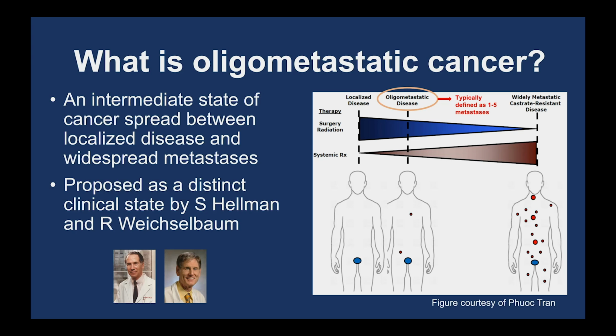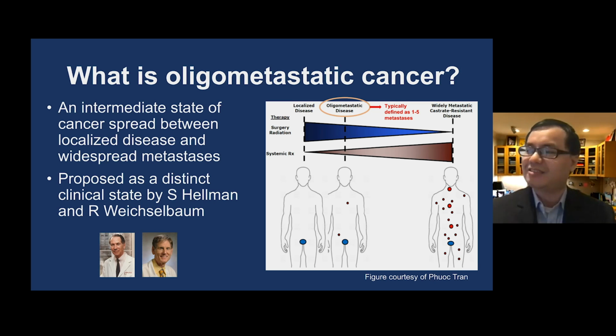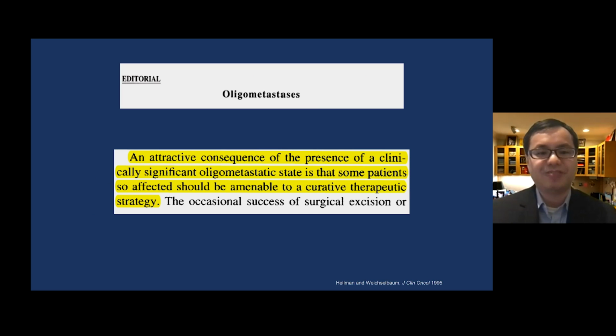So the concept was that metastatic cancer does not exist in absolute states where a patient has metastatic disease or not, but rather that there's a spectrum of metastatic disease. In situations where cancer has migrated to fewer sites, these patients may have more indolent disease or potentially have the opportunity for curative strategies.